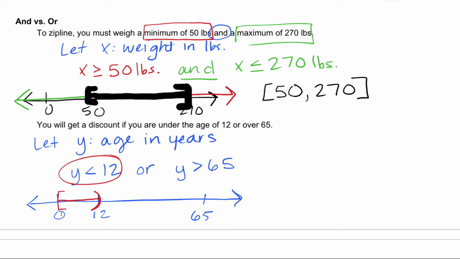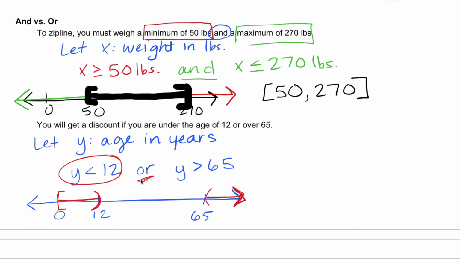We could get a discount if we're 0 up to the age of 12, but not including 12. And or the word or if you are over 65. Now, we don't really have an upper limit to age. We all know that we can't live to 200, but it always seems like we find somebody else that's beaten the age thing. So we'll just keep that going out there because we don't really have a defined limit on age.